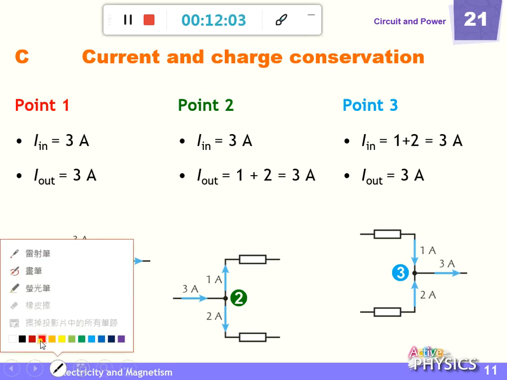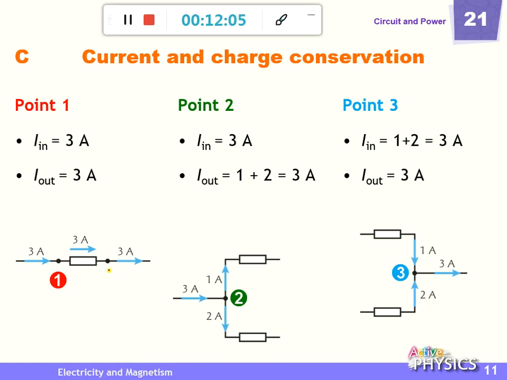Look at this. If this is the wall, you stand here. You can see that this wall is a single-direction wall. If you stand here, you can see that the current will be 3A. In 1 second, we have 3 coulomb passing through this part, and at the same time, within 1 second, 3 coulomb leave this part.